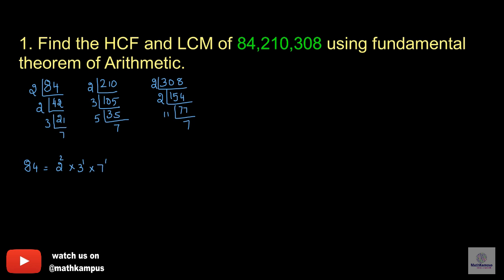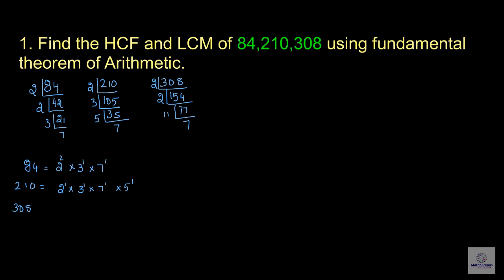So 84's unique expression in terms of prime numbers is 2 square, 3 power 1, 7 power 1. Similarly, on applying FTA for 210 we get 2 power 1, 3 power 1, 5 power 1, 7 power 1. For 308 the unique combination is 2 square, 11 power 1 and 7 power 1.